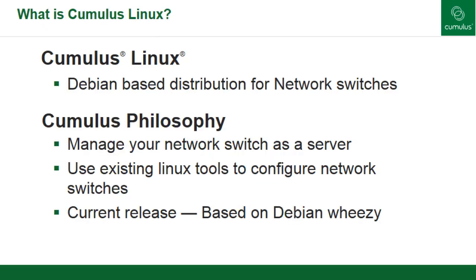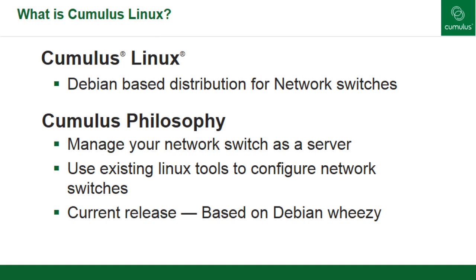So just in case any of you have forgotten, Cumulus Linux is a Debian-based Linux distribution for network switches. Our whole idea, and the part that I'm really excited about, is that you can manage your network switch just like you do your servers.